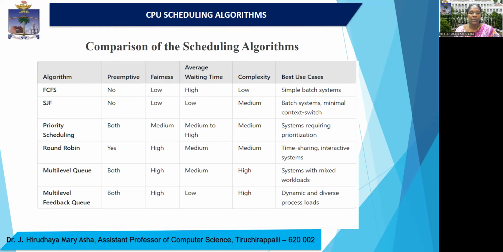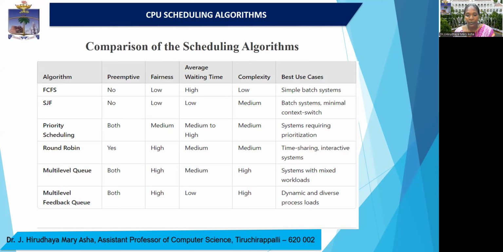While discussing all these algorithms, we'll have a tabulation here, and based on this tabulation, we'll see how these algorithms are helpful for us in working with the OS. The headings are preemptive, fairness, average waiting time, complexity, and best use cases. We'll classify these algorithms based on their features.